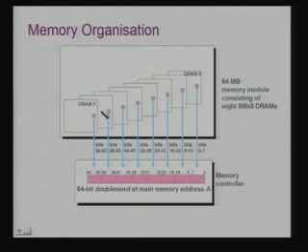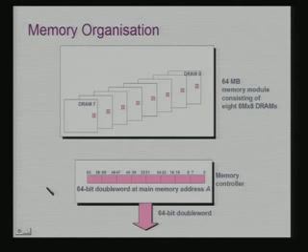Once they are selected, you have provided the row as well as the column address, so these cells will provide these bits, and all these bits together will constitute the 64 bit, or a double word, at a memory address A, and then this will be sent to the CPU. So what is being shown is how multiple DRAM modules can be organized together to provide a double word, or 64 bit data word, for the CPU.